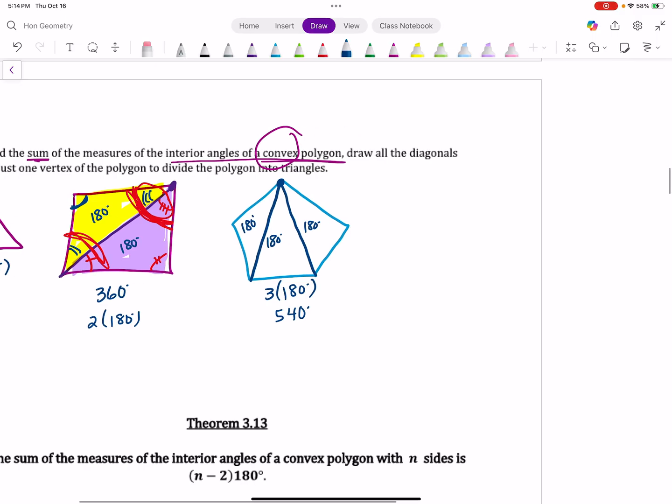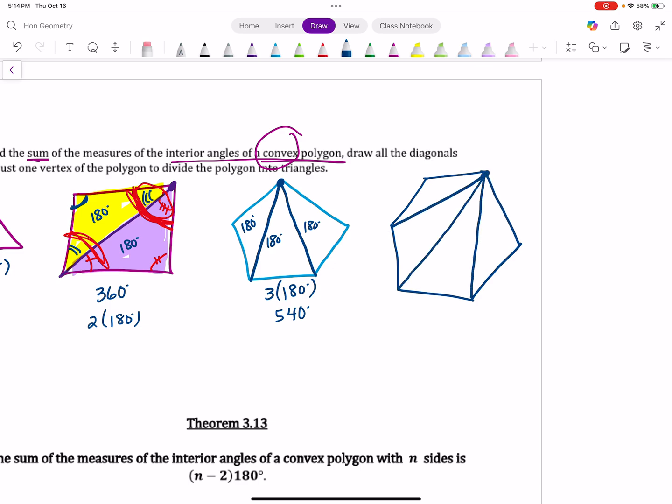If I do a hexagon, 2, 3, 4, 5, 6, pick a corner, draw in every diagonal I can, I've created four triangles. So four of those 180 degrees at a time, okay, there's 720 degrees.